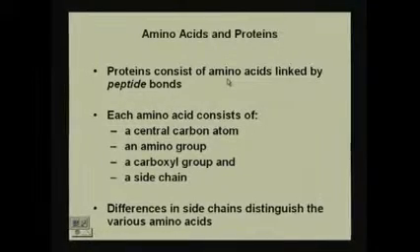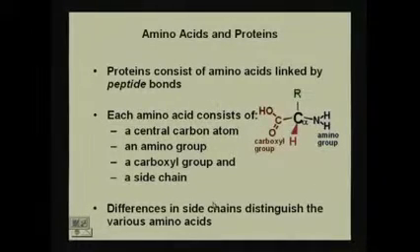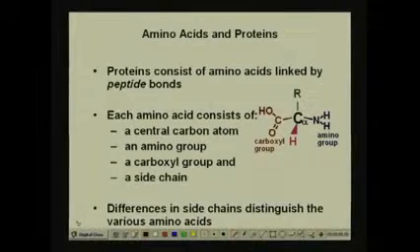We will understand this also in detail to see how a peptide bond is actually formed and how we can link these letters together into forming what would be like a sentence. Each amino acid consists of a central carbon atom, which you can see marked as C alpha here. So, we have the central carbon atom that is marked as C alpha.